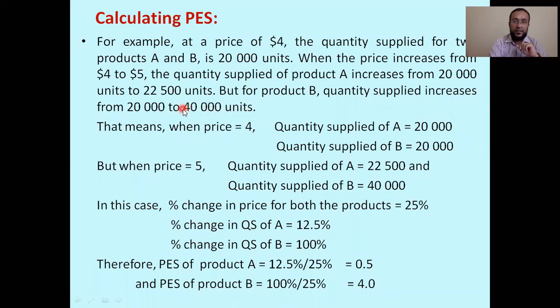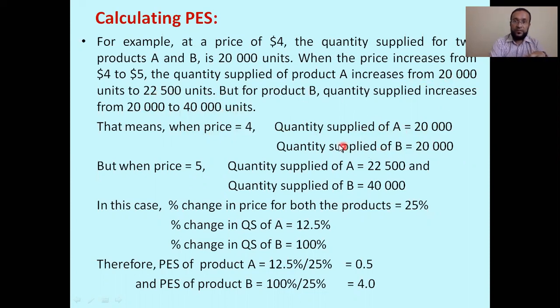So look at here, the change. For product A, it is increasing from 20,000 to 22,500, but for product B, it increases from 20,000 to 40,000 units. That means when price is 4, quantity supplied of product A is 20,000 and quantity supplied of product B is 20,000 units at the same price.